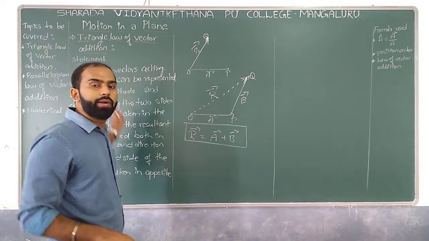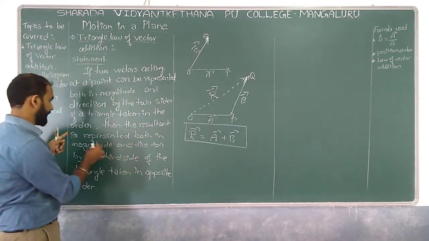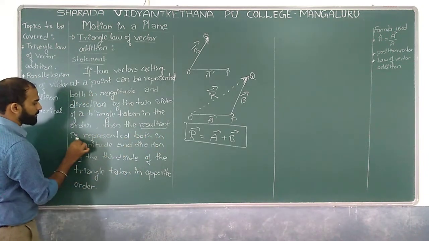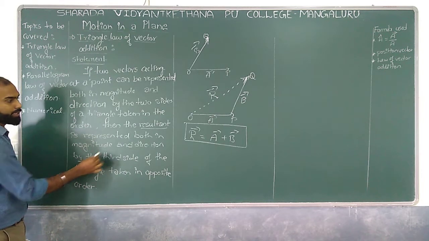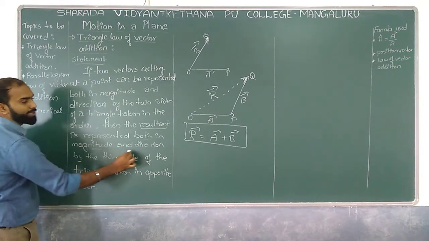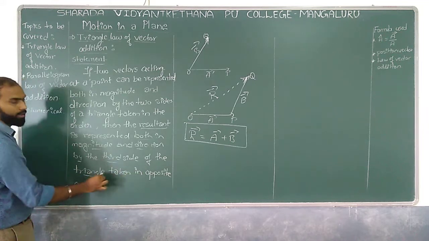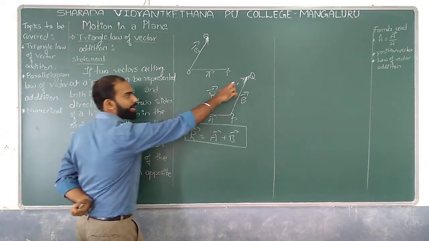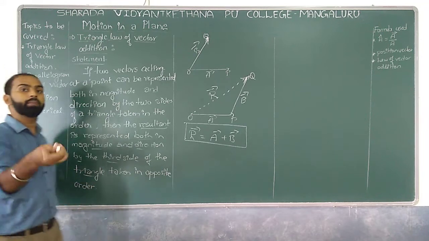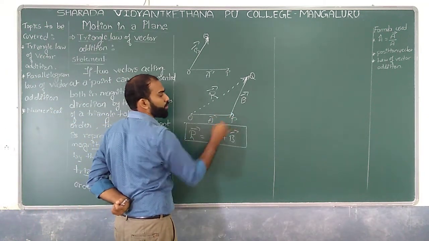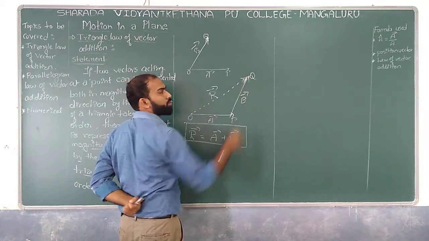So that's what your triangle law says. This resultant represents both magnitude as well as direction. Third side of the triangle. Don't you think this is the third side of the triangle? But it is in opposite order. From here to here is one order, and from here to here is a second order.